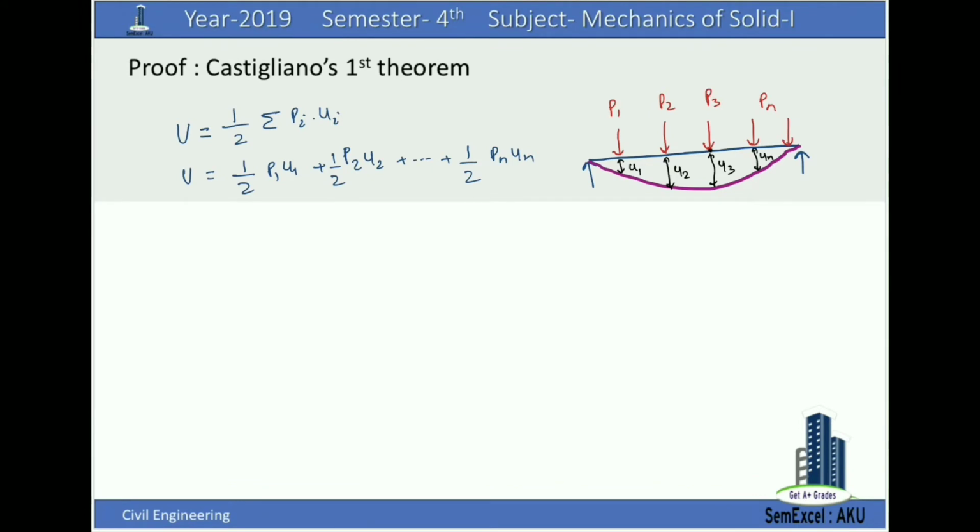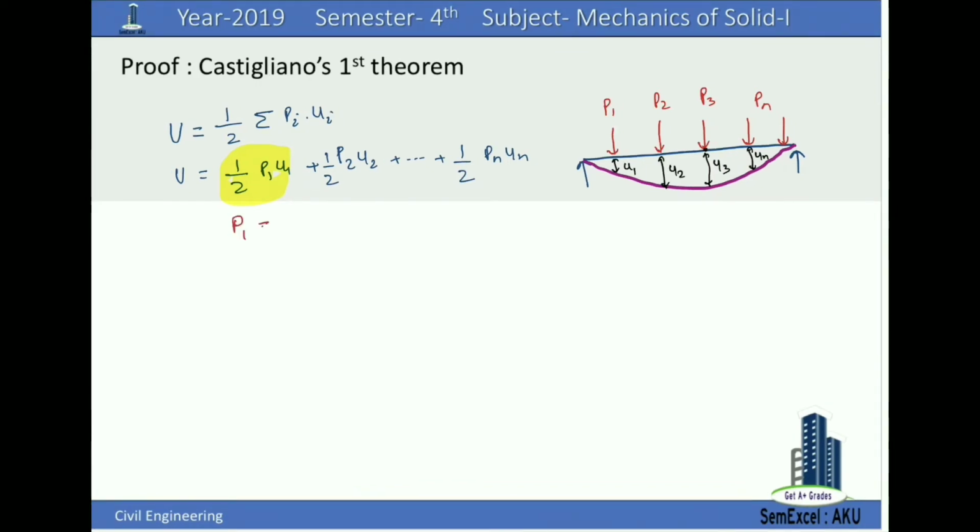Remember, in last slide we have seen that this theorem is applicable only for linear structure. Why is this so? This is because we have written strain energy as half P1 U1. Right, we can write half P1 U1 only when the structure is linearly elastic.